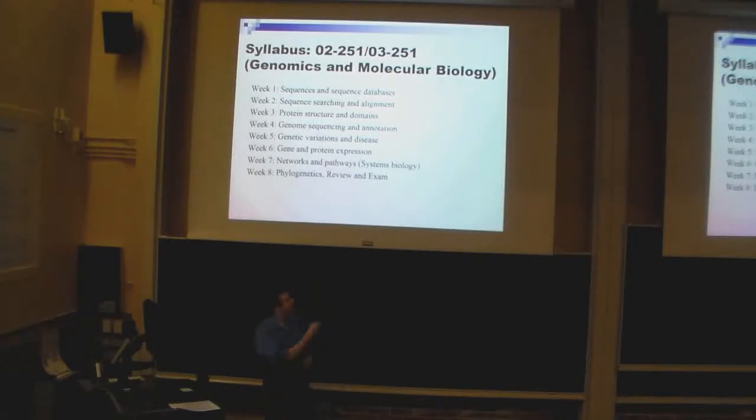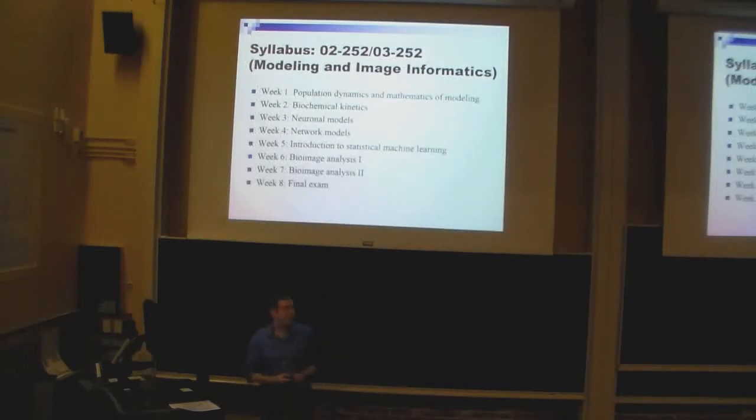We'll spend a week on that, and probably 1 extra lecture on phylogenetics, and then we get into either final exam if you're in the 251 number, or midterm if you're in the 250 numbers. And then in the second half, we'll cover modeling and image informatics. So basically, each of these weeks is more or less focusing on a different class of mathematical modeling that's used widely in biology.